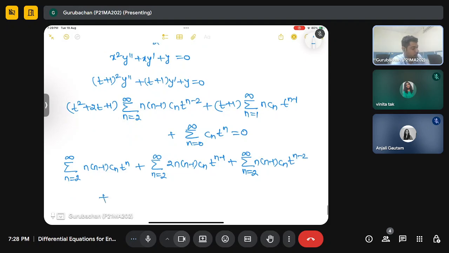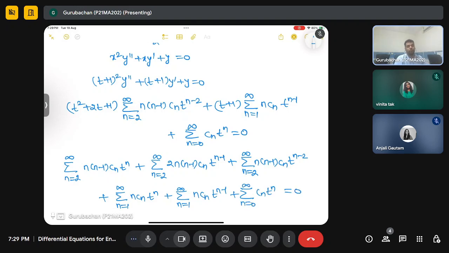And from here it will be summation n=1 to infinity n c_n t to the power n plus summation n=1 to infinity n c_n t to the power n minus 1 plus summation n=0 to infinity c_n t to the power n.